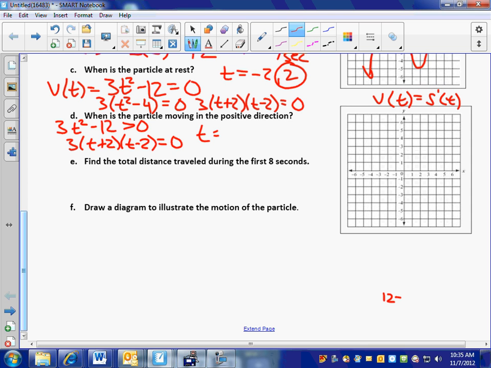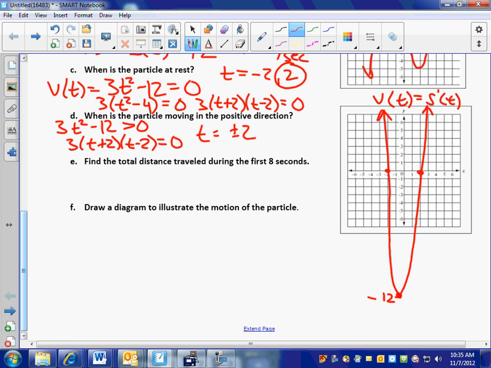So you have t is equal to positive 2 or negative 2. So that's where it crosses the x-axis. So your graph is a very steep one. It looks like this. Negative 12, thank you.